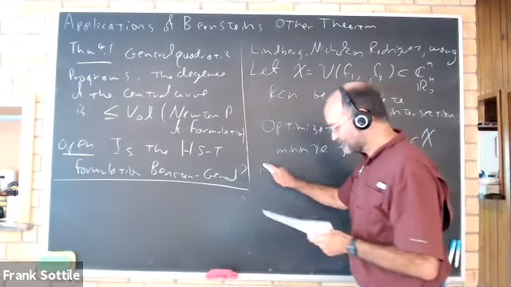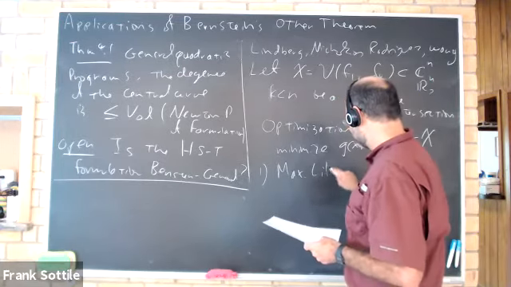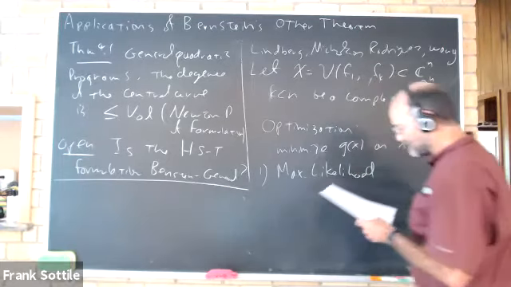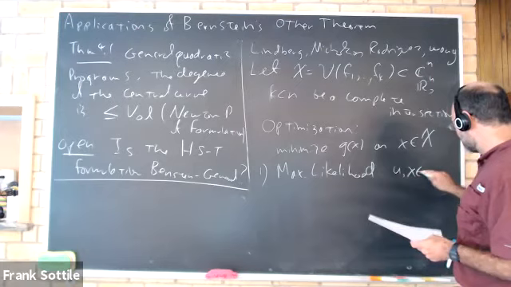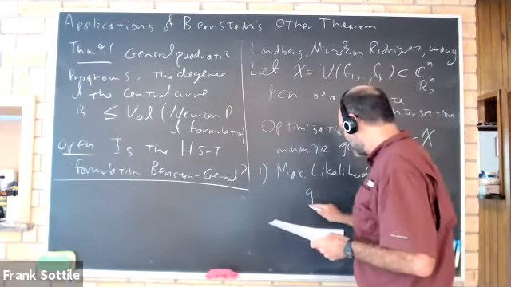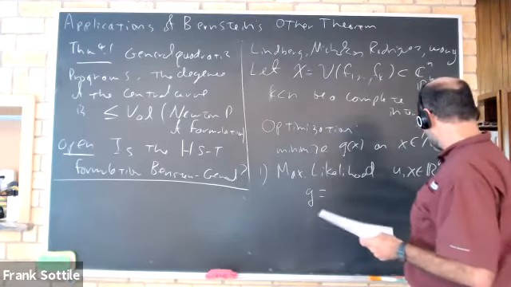So the first one is maximum likelihood. Here, things are real, in fact maybe positive real, you'll see. And here u is just a point in R^n, maybe positive.